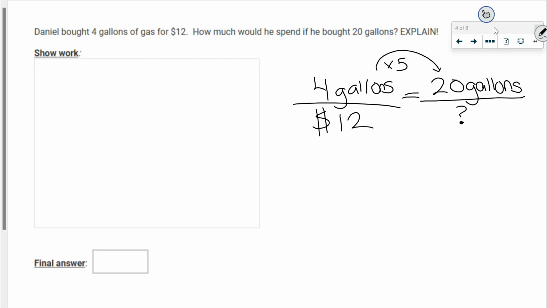If I multiply the gallons by 5, I also need to multiply the amount of money by 5, which is, that is correct, $60. So 20 gallons of gas would cost $60 because 4 gallons times 5 gives you 20 gallons, 12 times 5 gives you 60. All right, let's keep going.